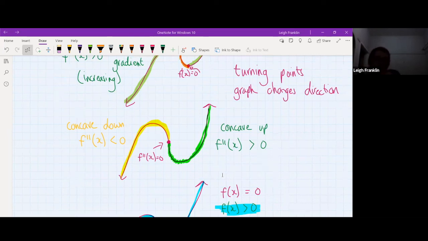Ma'am, on last week's quiz, we had a question that said, given that f of x is equal to negative 2x squared plus x plus 6, determine the x-intercepts of f.